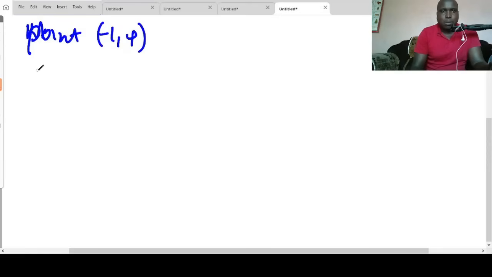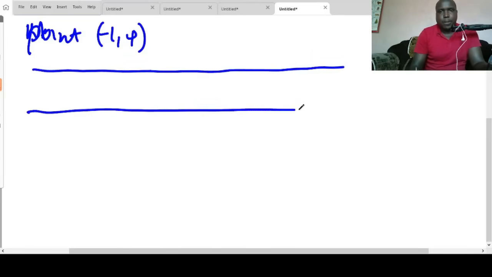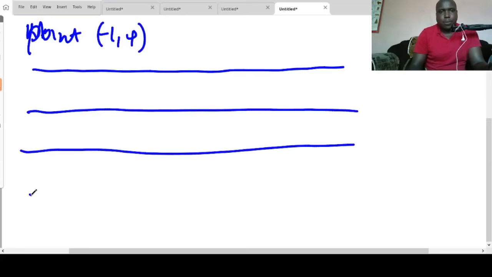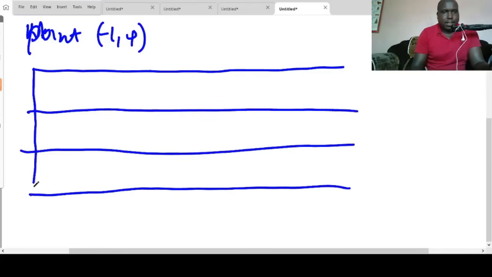So you draw a table. It is a simple table with 3 columns where we have the value of x. The next one is dy over dx. And the next one is the diagrammatic representation, that is the nature of the shape.